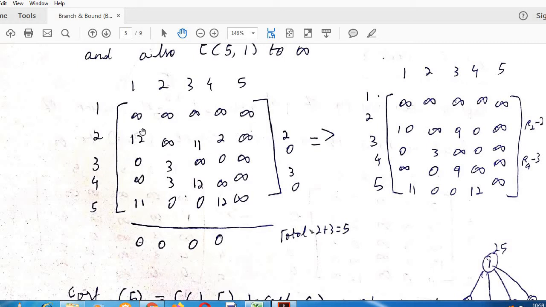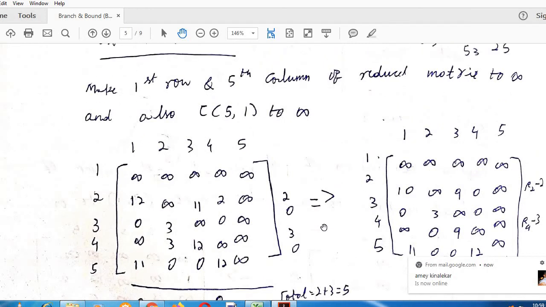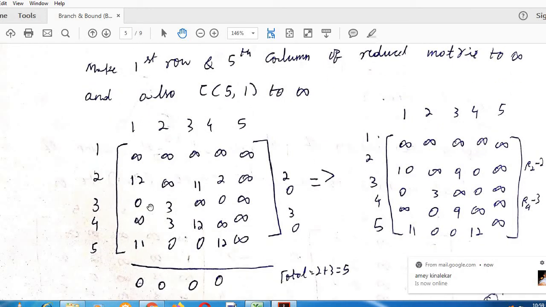So moving ahead, after this I will try to find out the minimum cost for each row and column element. The minimum value in the second row will be 2, the third row it will be 0, the fourth row it will be 3, and the fifth row it will be 0. And in all the columns the minimum value is 0.